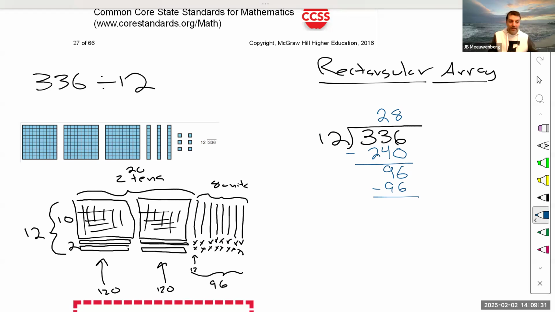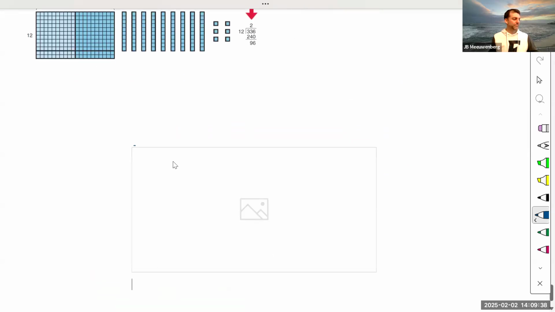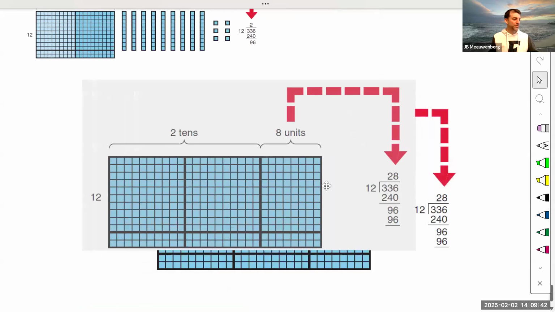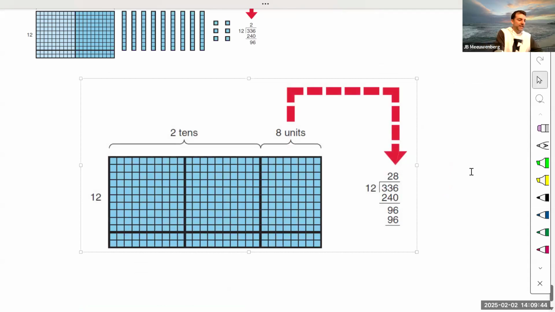What does that look like in a fancy diagram? It's going to look like that. And so if we clean it up, here's the long division right there.